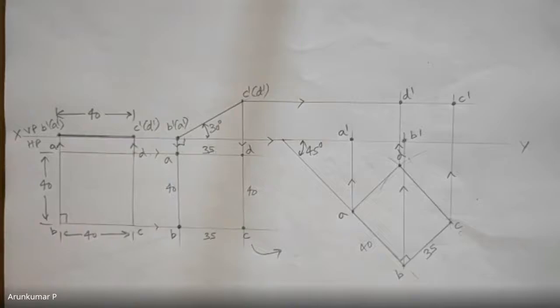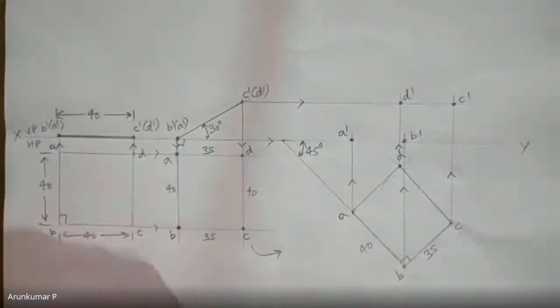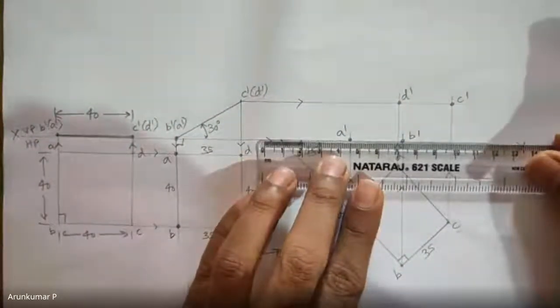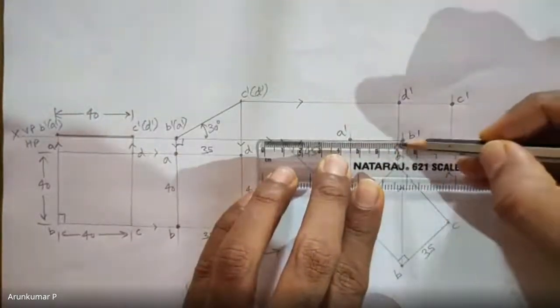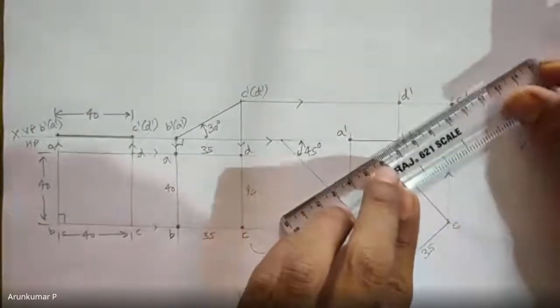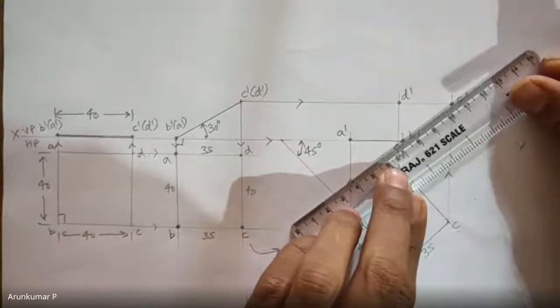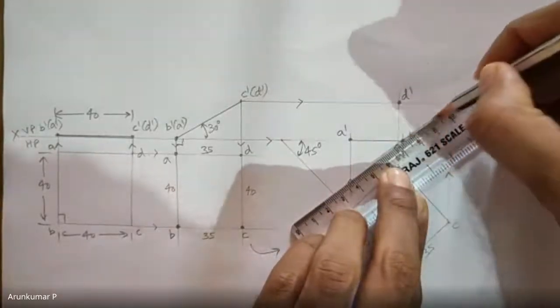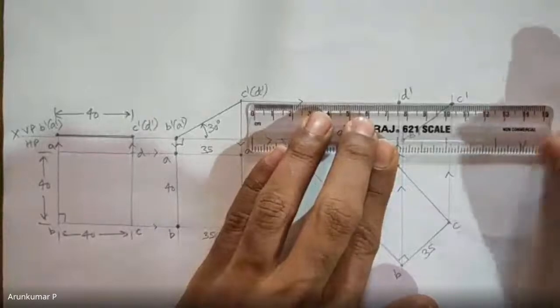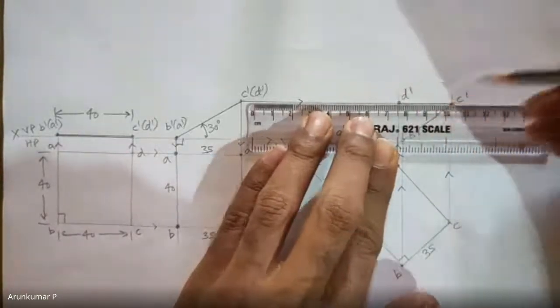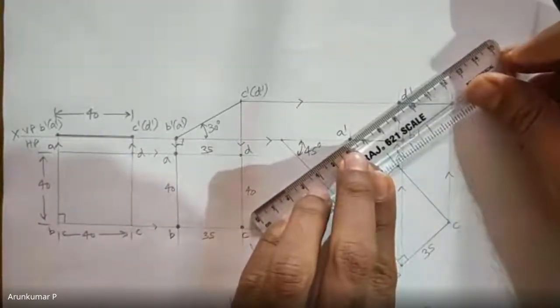Join all the four points by straight lines. Join them carefully. One, two, three, and four.